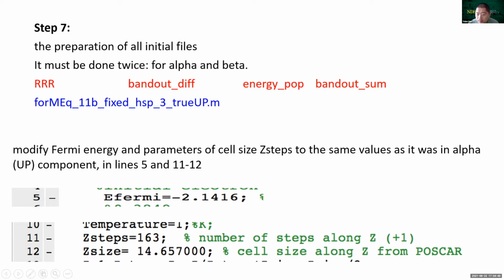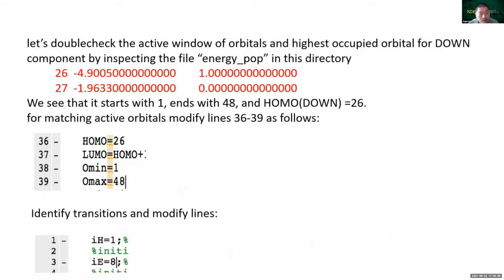In the MATLAB code, you just need to modify the Fermi energy and also some parameters like the grid points. And this is standard practice, so you need to modify HOMO, LUMO, and orbital interests.